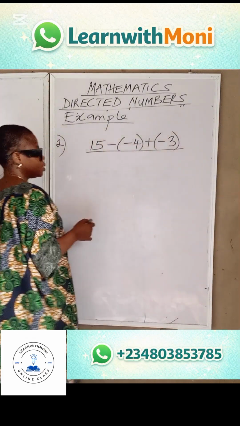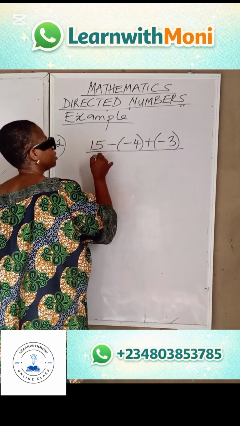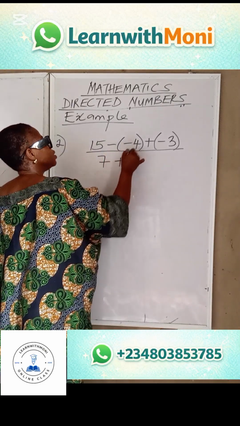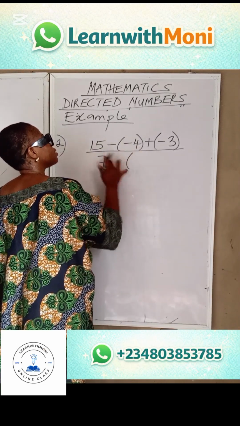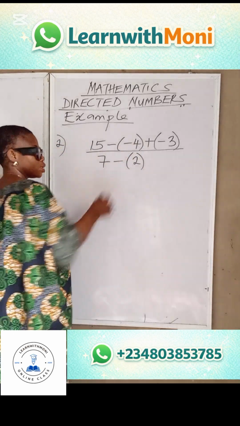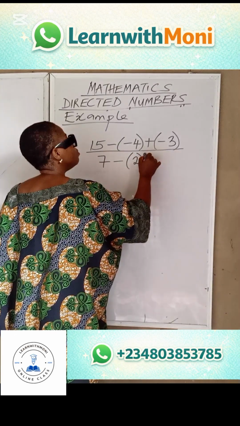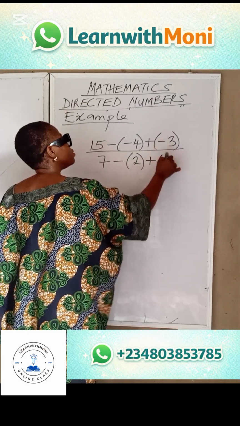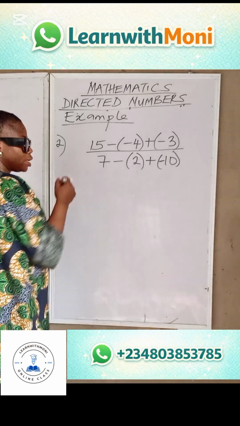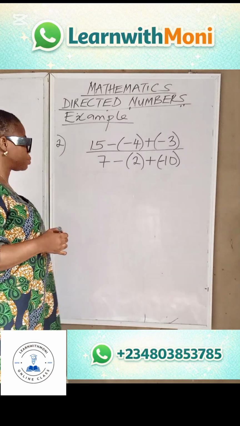Everything divided by 7 plus into, let me take that as minus into 2, then plus into minus 10. Let's try to simplify this situation.